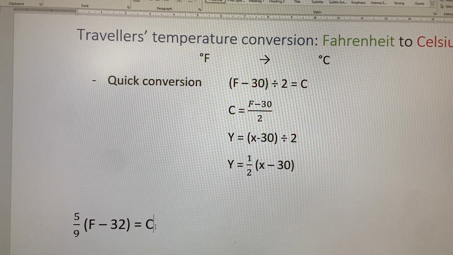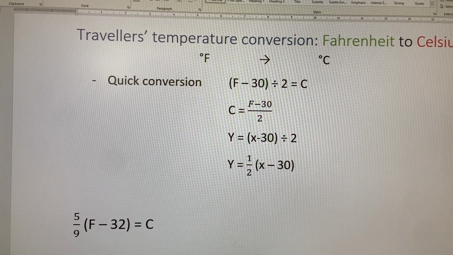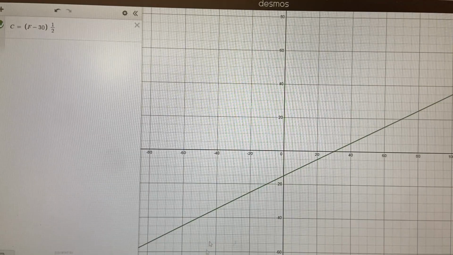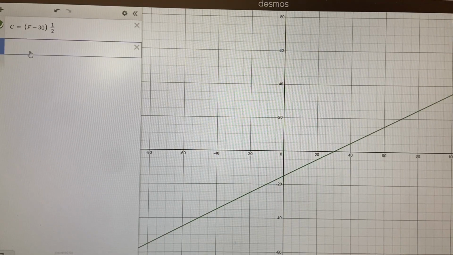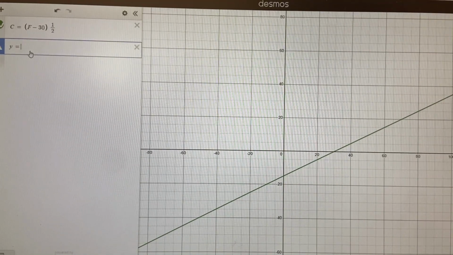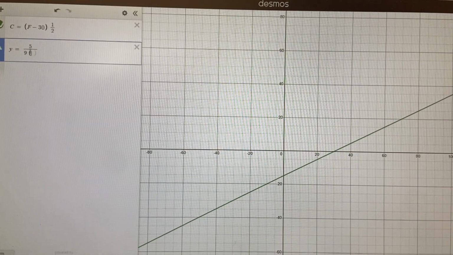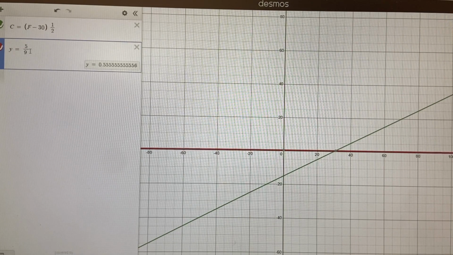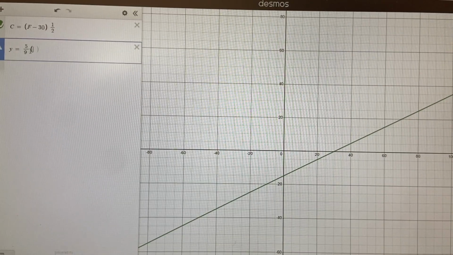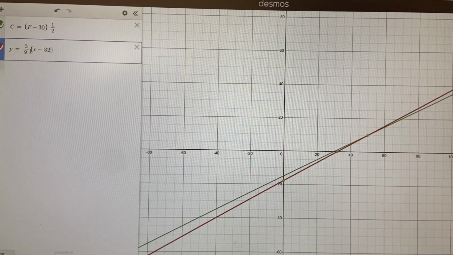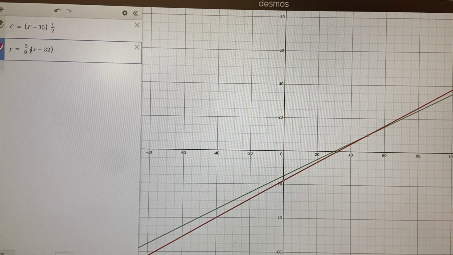So the same equation can be reprinted for graphing as follows: y equals 5 over 9, open bracket, x minus 32. There, and you can see immediately that there's a difference between the two graphs.